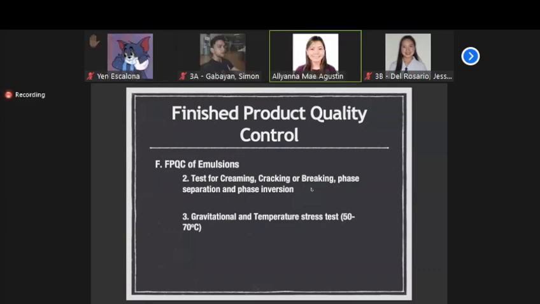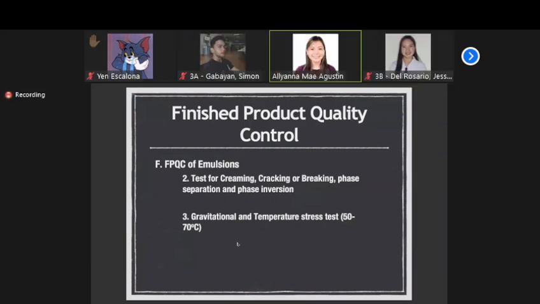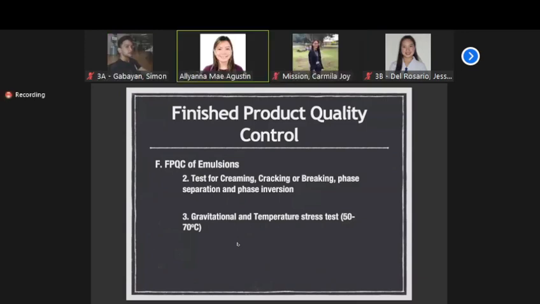Wala. Sige, this will serve as your quiz ha, yung mga hindi natawag. Okay, so sa phase inversion, correct, Miss Mission, no? Water in oil, naging oil in water, and vice versa.